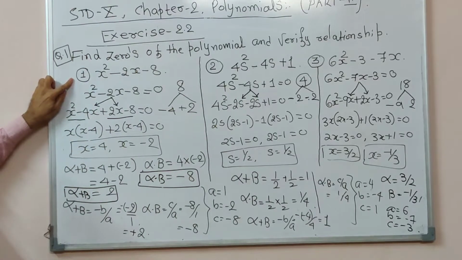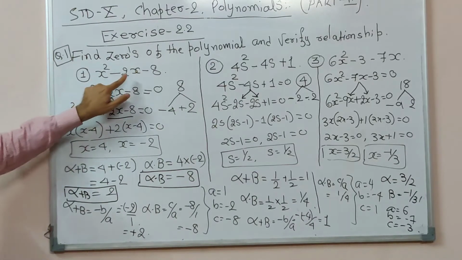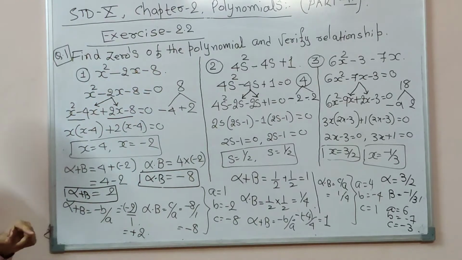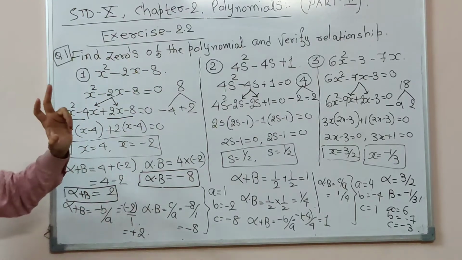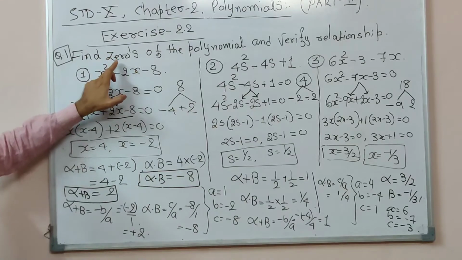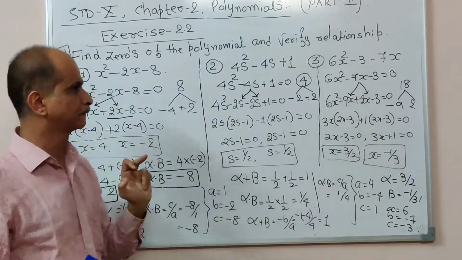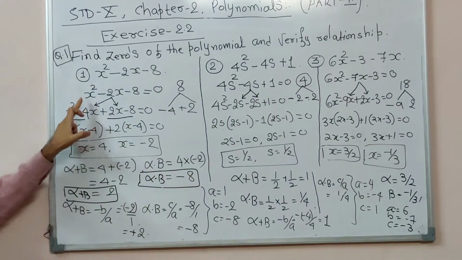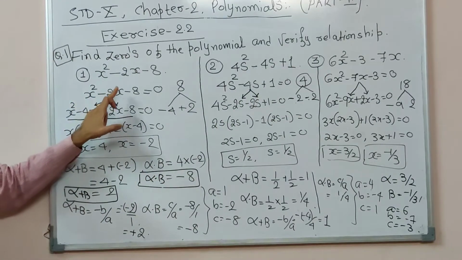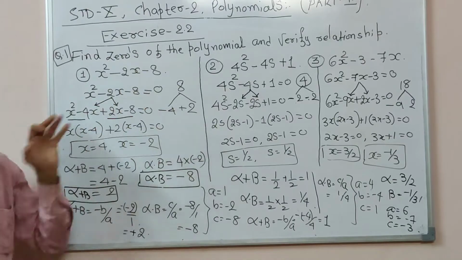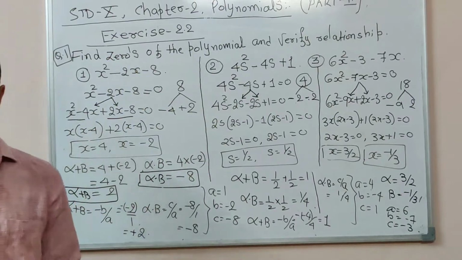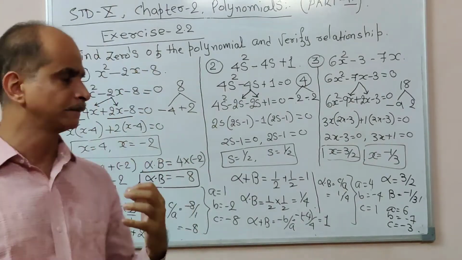First example, x square minus 2x minus 8. Here there are two questions. First one, find zeros, and second one, you have to verify the relationship. x square minus 2x minus 8 is equal to 0, because we want to identify the zeros of this polynomial.